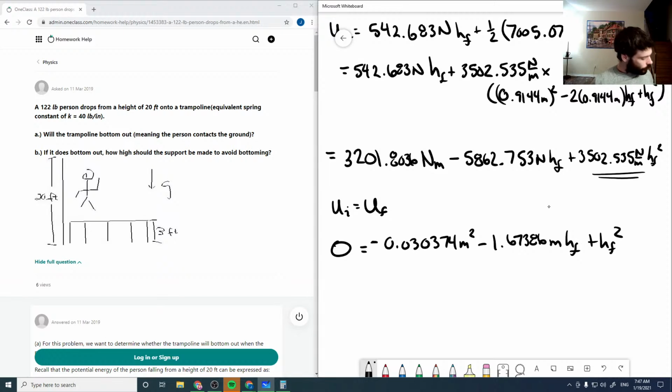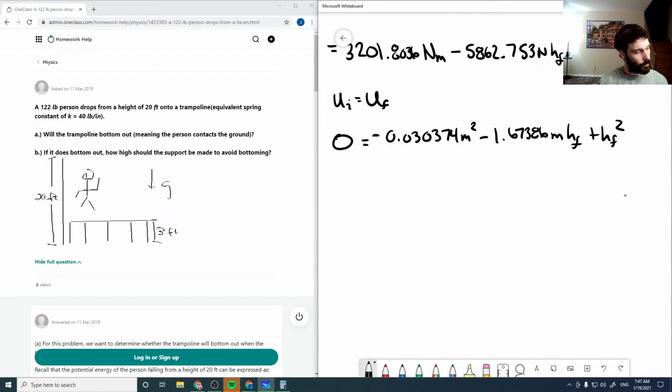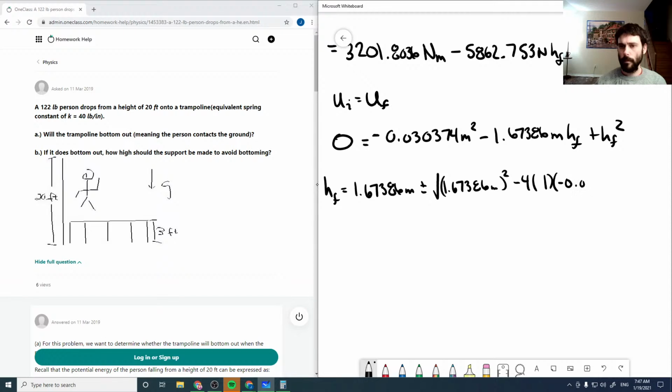So we can solve for our HF. As minus B plus or minus root B squared minus 4AC all over 2A.